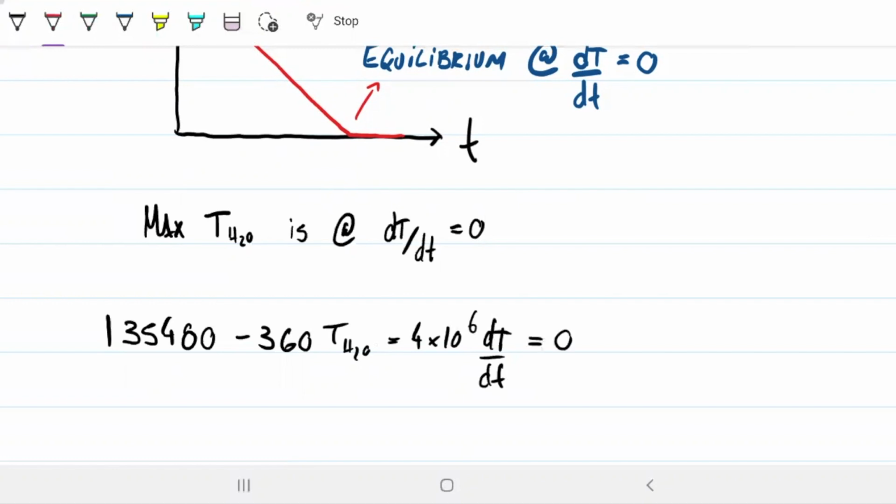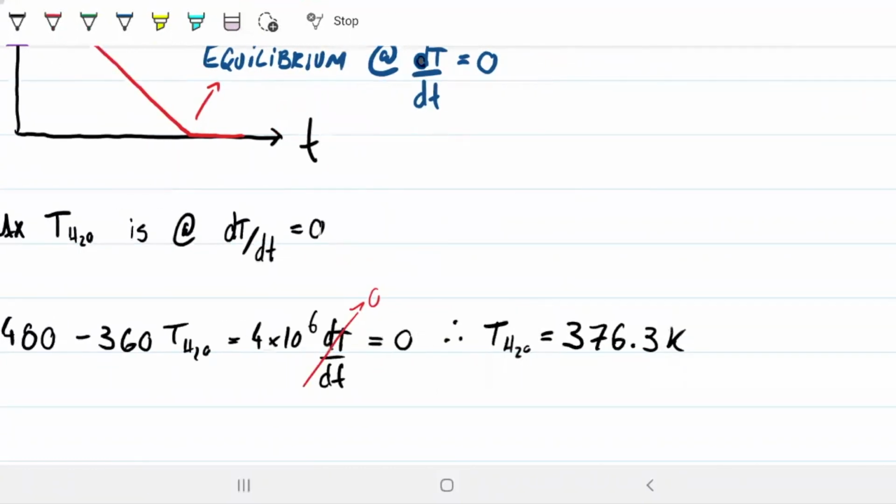So my only unknown is going to be my temperature, and therefore my temperature will be simply this number divided by this number here. And that is 376.3 Kelvin. Okay, so this is the maximum temperature we can obtain.